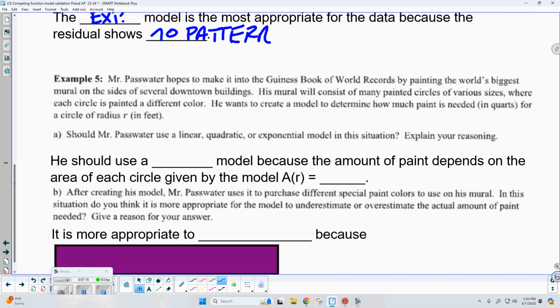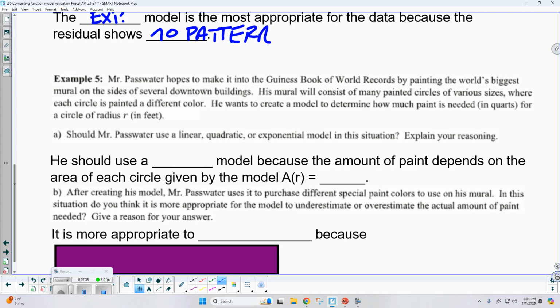So Mr. Passwater hopes to make it into the Guinness Book of World Records by painting the world's biggest mural on the sides of several downtown buildings. His mural will consist of many painted circles of various sizes, where each circle is painted a different color. He wants to create a model to determine how much paint is needed in quarts for a circle of radius r, which is in feet.